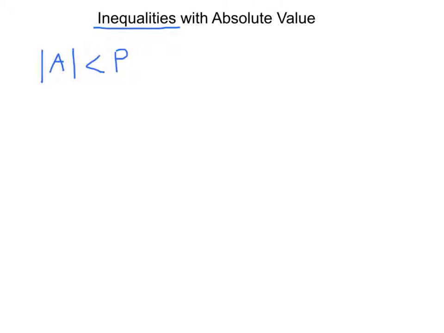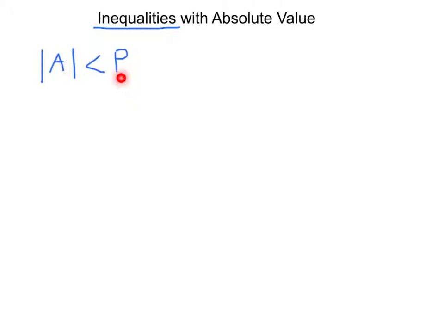So let's assume we had an inequality of the form the absolute value of some expression a. Now remember, a represents some expression with a variable in it, like x, is less than some positive number. And again, p is representing a positive number.